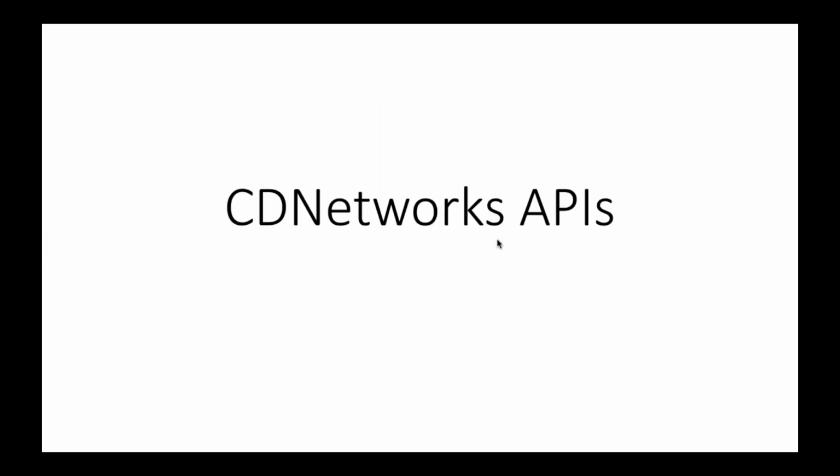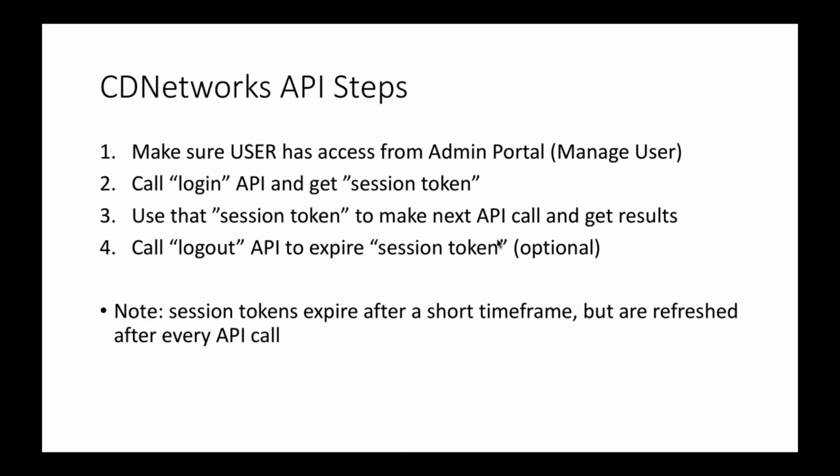Last little bullet. Okay, so now that we did the background on the 3 data types, we've got a really great foundation, not just for CDNetworks, but really for working with almost any other enterprise API out there. You're going to have a good shape. The first thing to know with working with the CDNetworks API is that you got to make sure that the user and password that you're using has access to the data that you want.